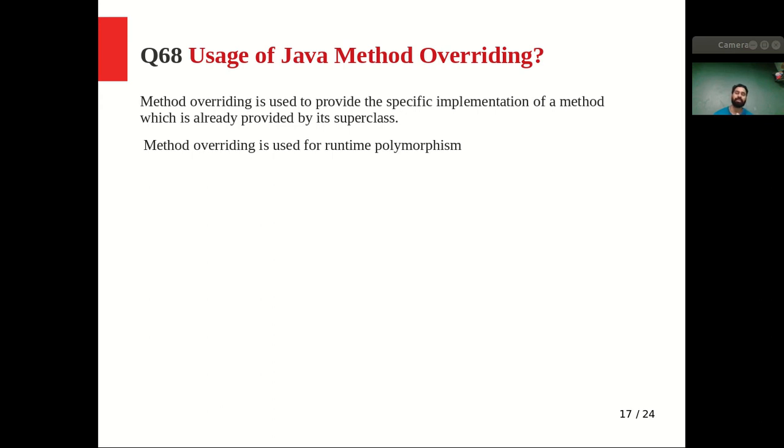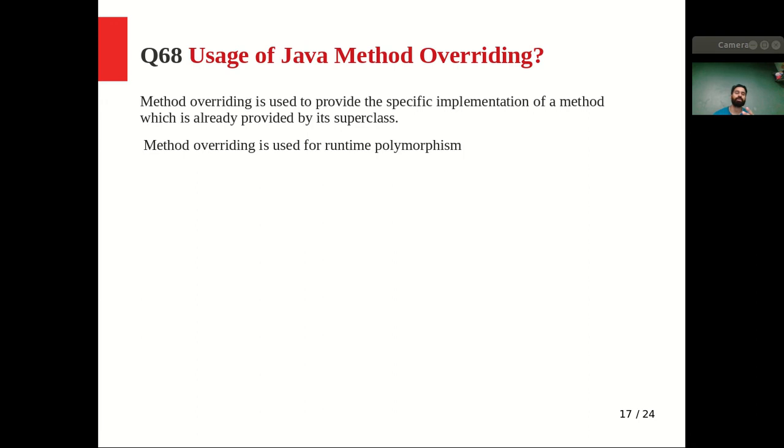Then this can be achieved by method overriding, right? So this is the use of method overriding: if you require a new implementation of a method which is already there in a parent class, you use method overriding, and it can be achieved through inheritance, in different classes, right?